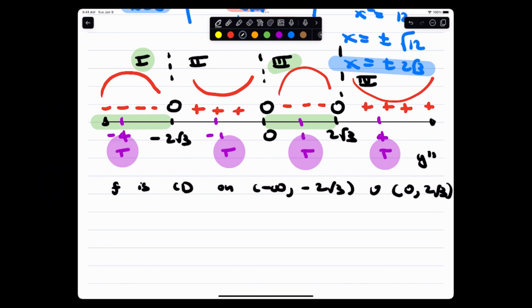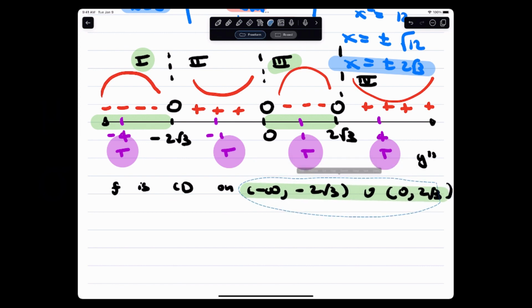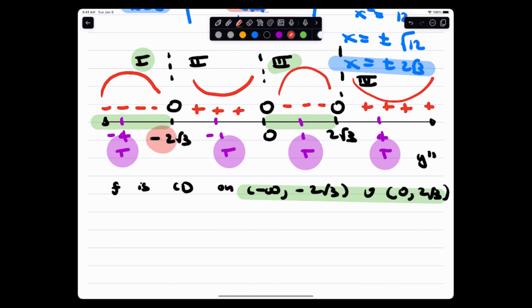These are open intervals. So let me remind you guys, because some people are going to make that mistake. Why are they open intervals? Do you guys know? At these values here, the second derivative equals 0. 0 is not positive.